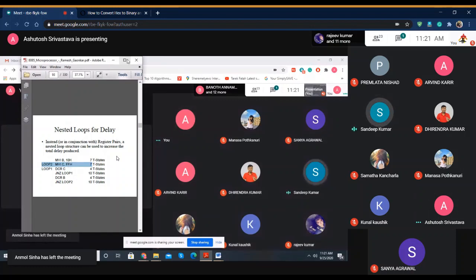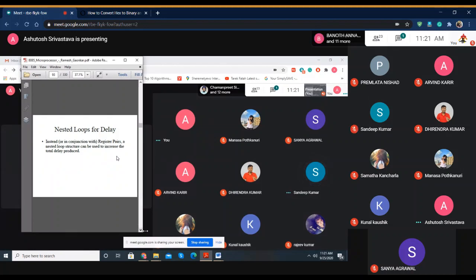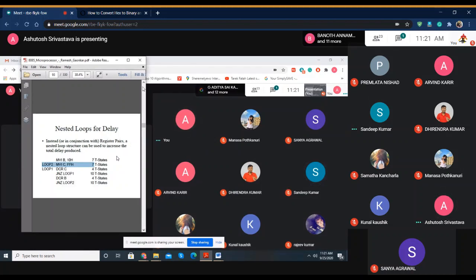Move immediate data FFH in register C. What is H? Hexadecimal, sir. So what is the data? FF. And so you are now loading your register C with data FF. Okay.